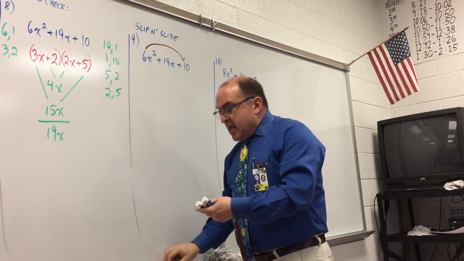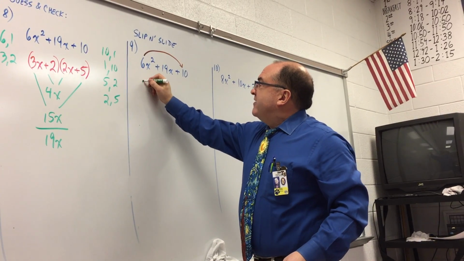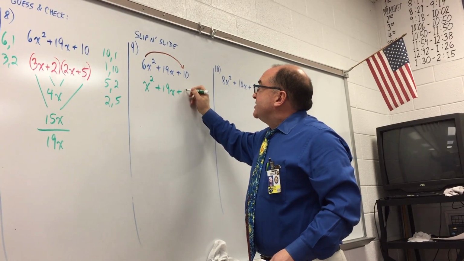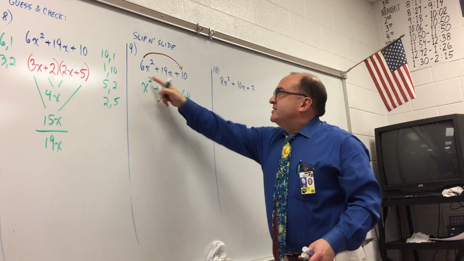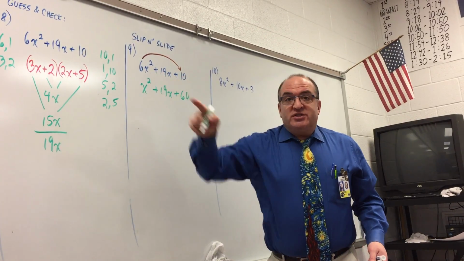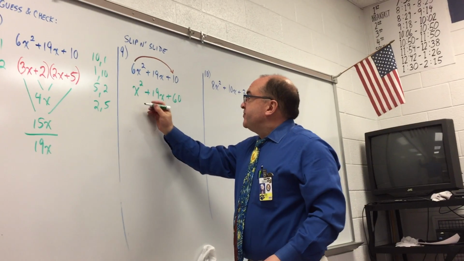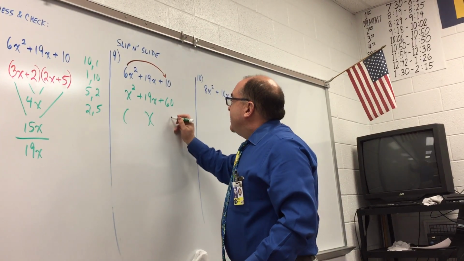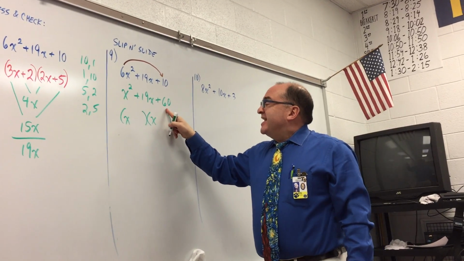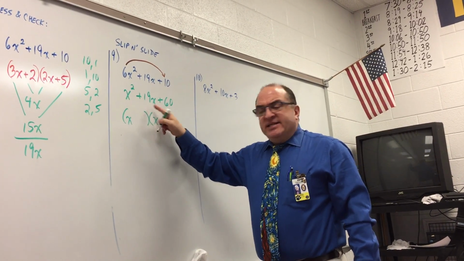So what you do is you slip the 6 over here and multiply it by the 10. And now suddenly you just have x squared plus 19x plus 60. 6 times 10 is 60. And now we're going to factor just like we did way back in the beginning. What times what makes x squared? X times x. What times what makes 60 that added together makes 19?